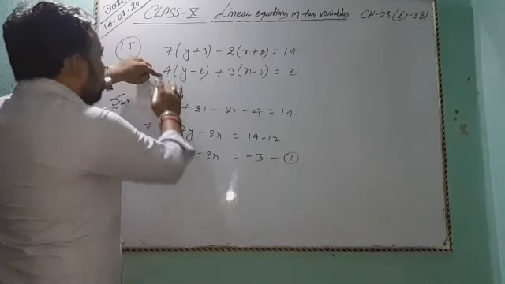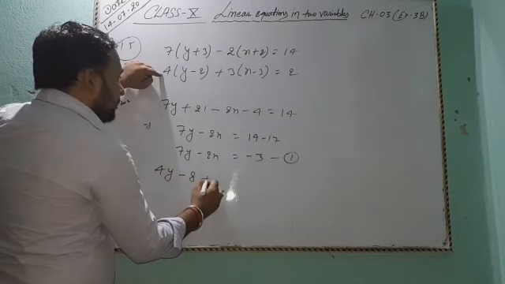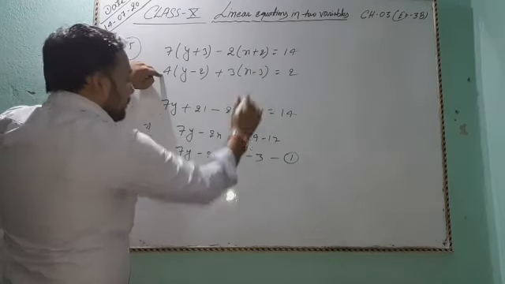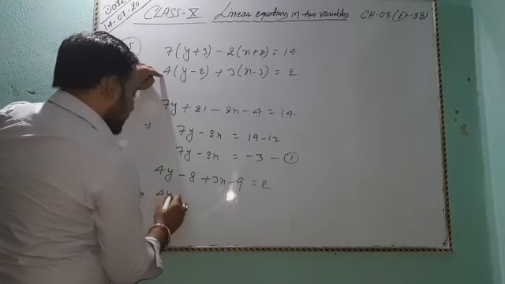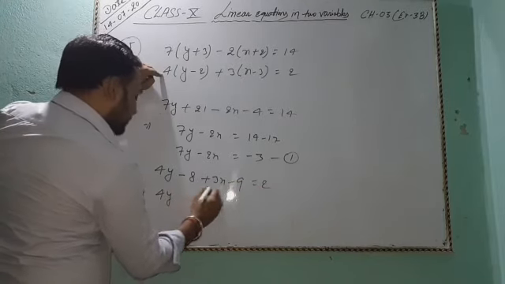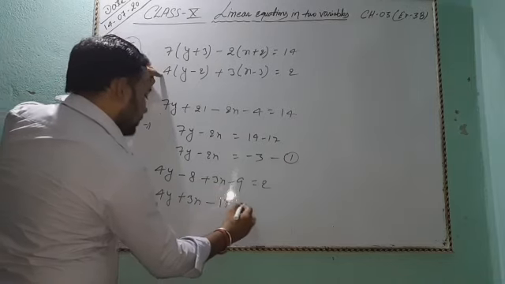And now 4 into y, 4y minus 4 twos are 8 plus 3x and minus, minus 3 threes are 9 equal to 2, and 4y minus 8 and plus 3x and minus 9 equal to 2.